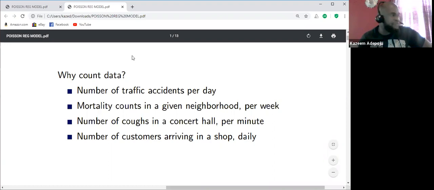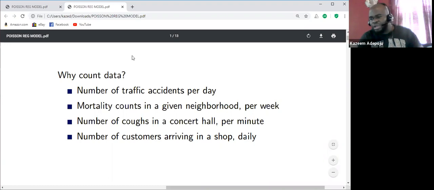If I want to know when to apply a Poisson regression model, we first need to understand the Poisson distribution and the data sets that are distributed according to it. That is the reason why I want to walk you through this right now.